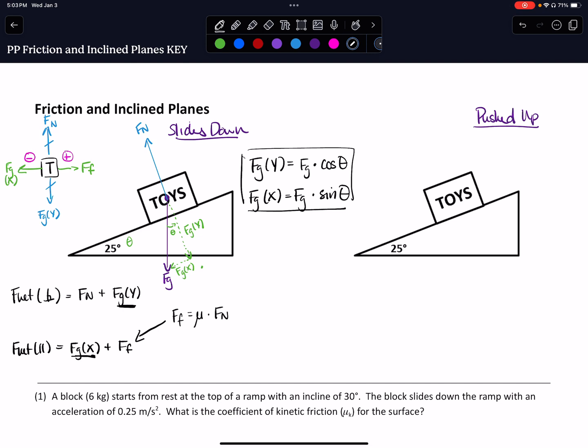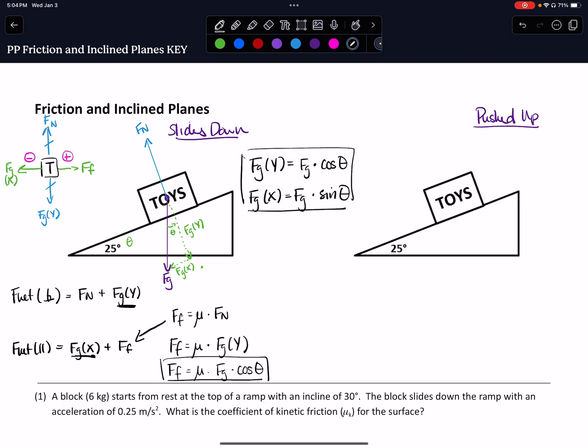In this case, the normal force is not equal to Fg, it's instead equal to that y component. So when we solve for that frictional force, we need to remember to use Fg times the cosine of theta. Make sure you remember that. That's going to be different from some of our other situations.